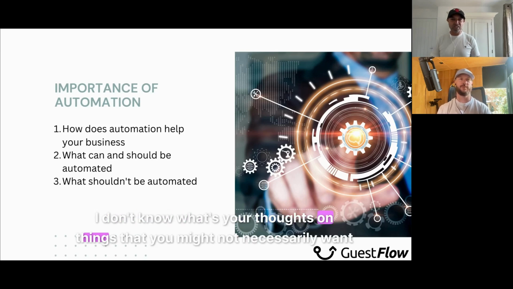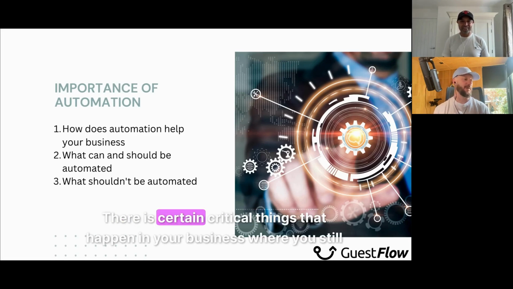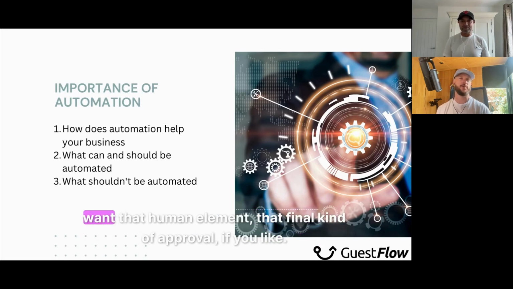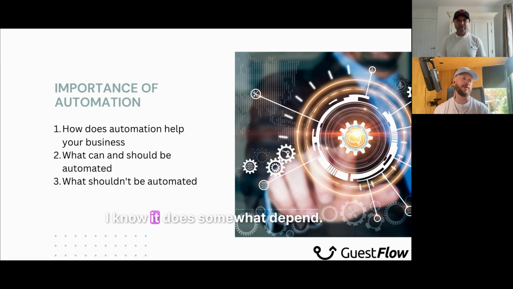I don't know, what are your thoughts on things that you might not necessarily want to automate? Yeah, well, it's a good point. There are certain critical things that happen in your business where you still want that human element, that final kind of approval, if you like. So the obvious one for me is access instructions. I know it does somewhat depend.